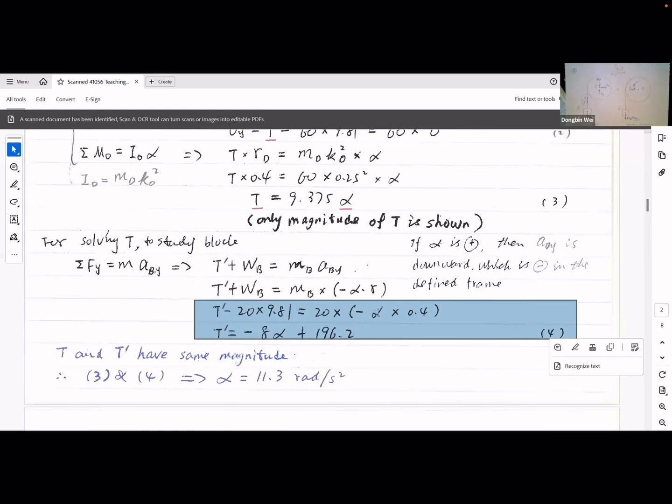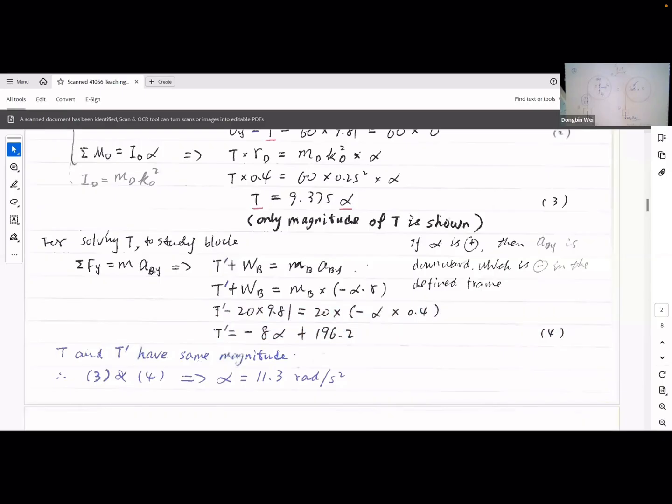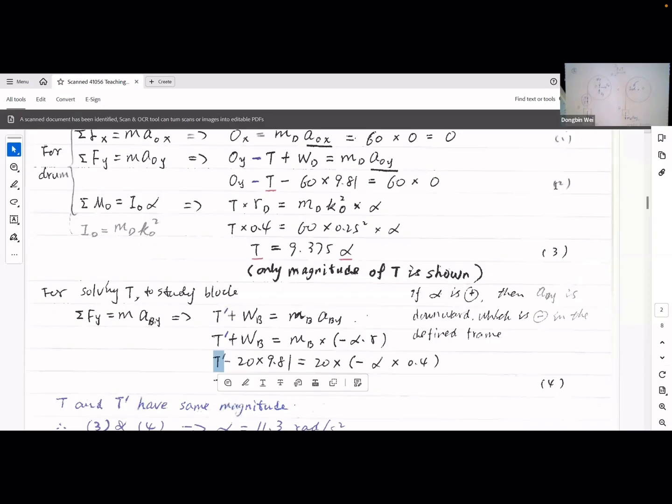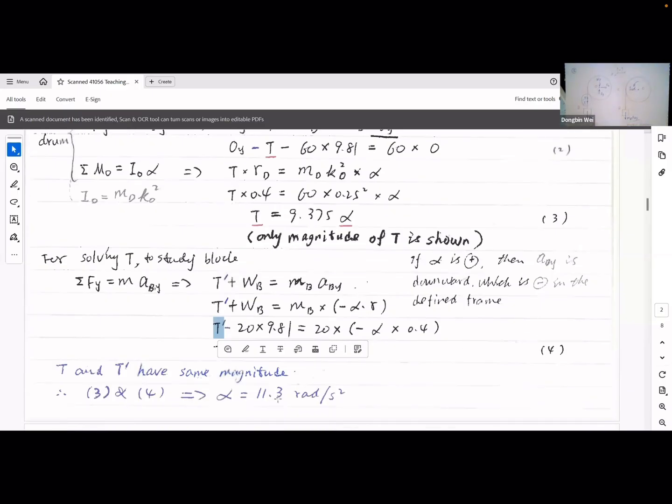Now, we have already got 3 equations, and we have got 4 unknowns. But T and T prime, they must have same magnitude. So finally, that means we have equation 2, equation 3, and equation 4. 3 equations and also 3 unknown parameters. So we can solve this. And finally, we can get alpha should be 11.3.